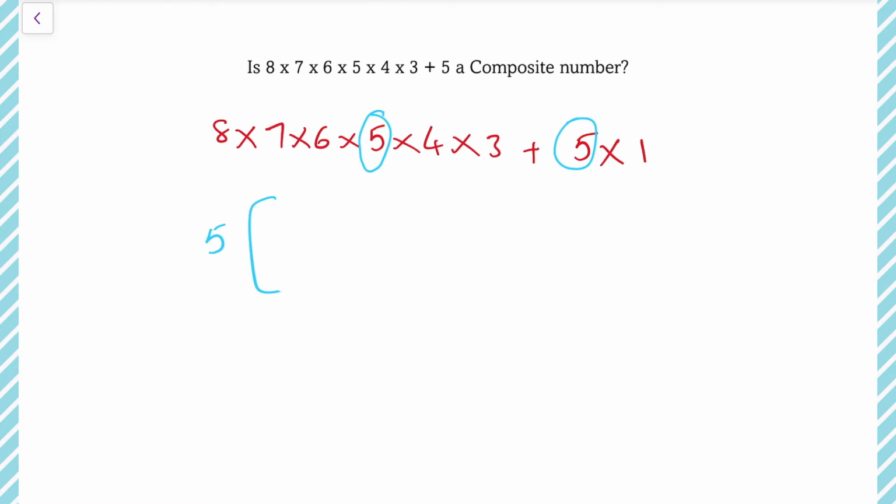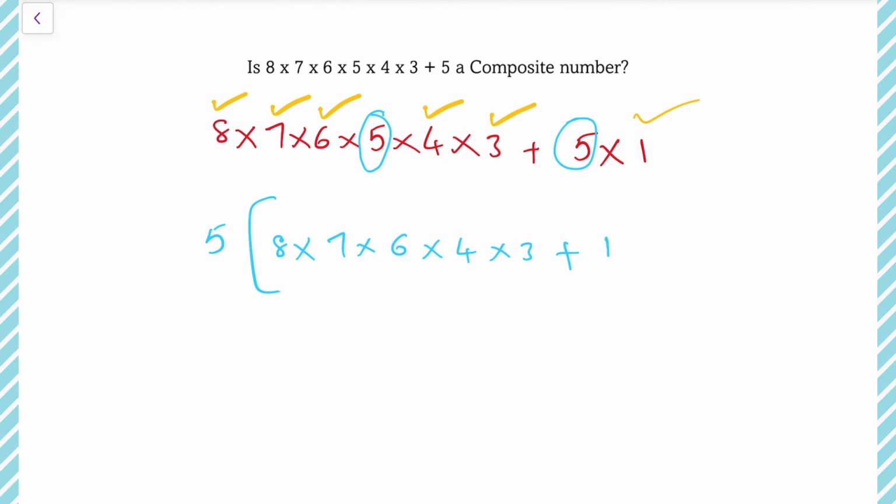Here 5 and 5. So 5 we can take common. So if we take out 5 common, then here we are remaining with 8, 7, 6, 4, 3 with multiplication. Write all those. 8 into 7 into 6 into 4 into 3 plus. And now from the second term, 5 already we took common, then remaining is 1.